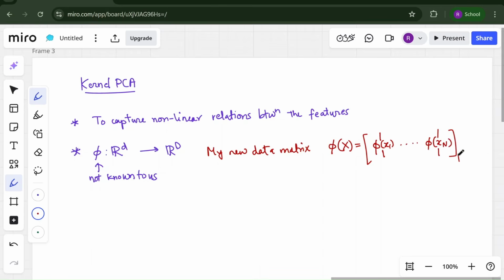So the size of this matrix is D cross N. Now what are we interested in? We want the covariance matrix of this entity, which is 1/N times phi x c times phi x c transpose.